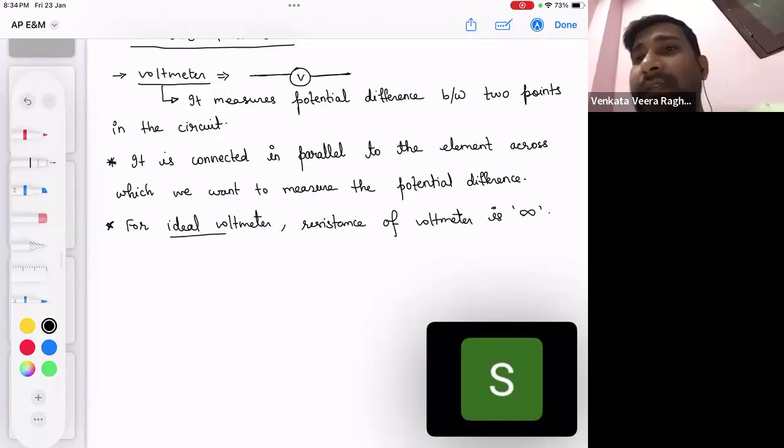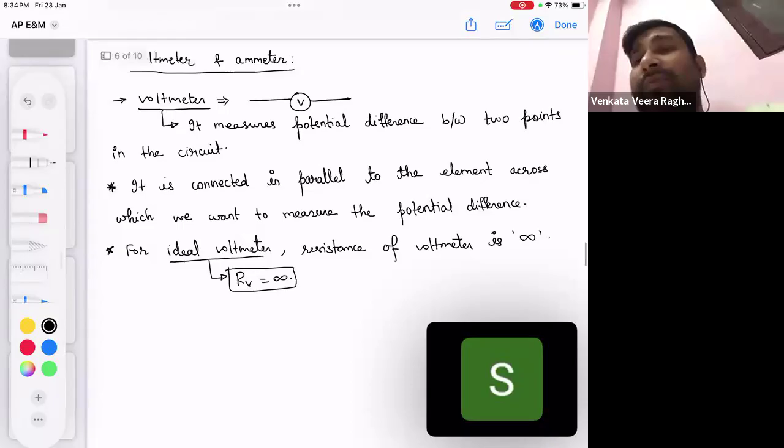So for an ideal voltmeter we will consider the resistance as infinity. And how is a voltmeter prepared? By modifying a galvanometer, a voltmeter is created. To create a voltmeter, we do some modification in the galvanometer.